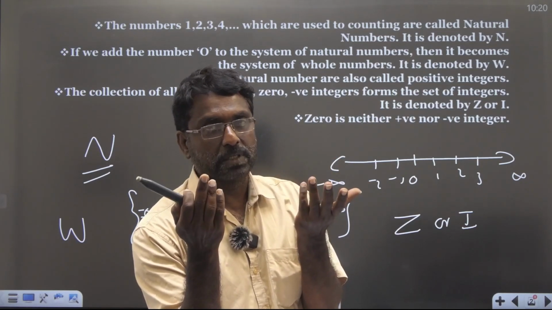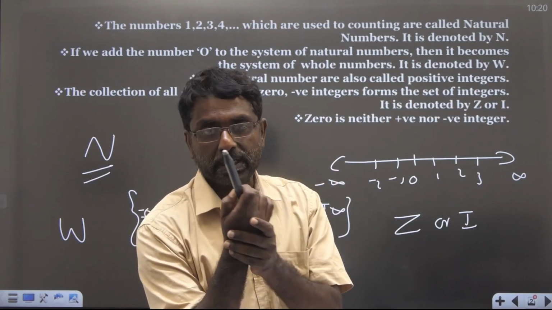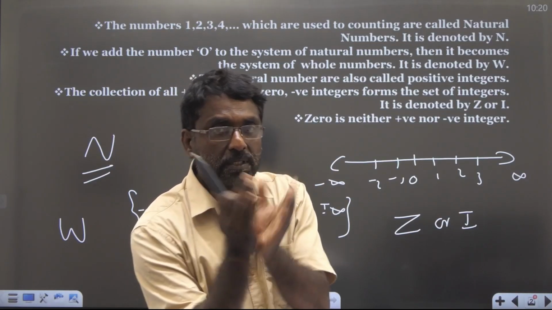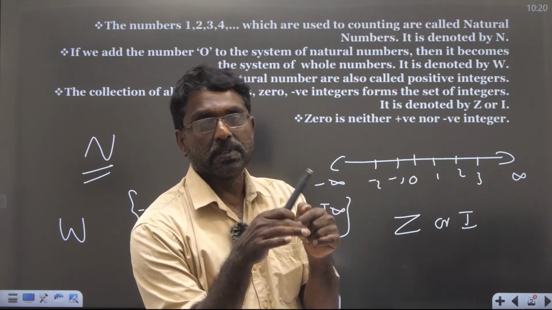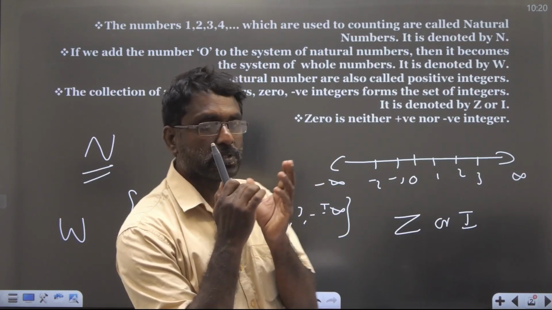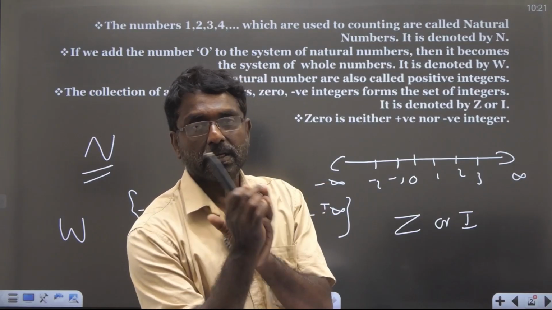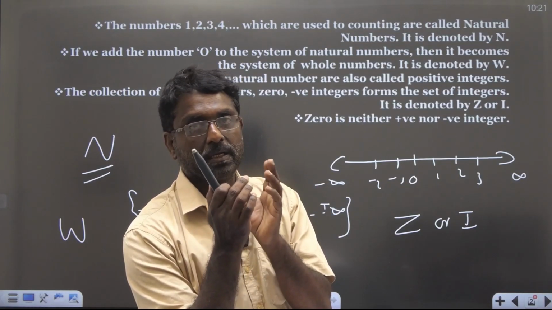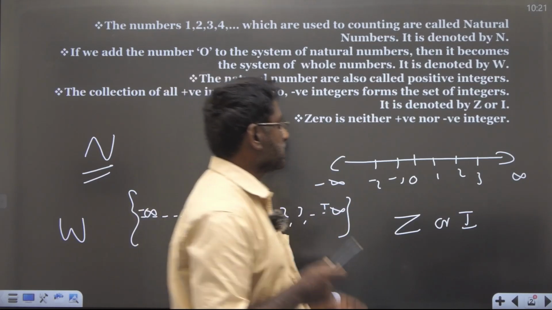Positive integers means natural numbers, also called counting numbers. If the integer 0 is added to the natural numbers, the system is called whole numbers. It is usually denoted by W. Natural numbers are denoted by N. Z or I represents integers, and capital R is used to represent real numbers.